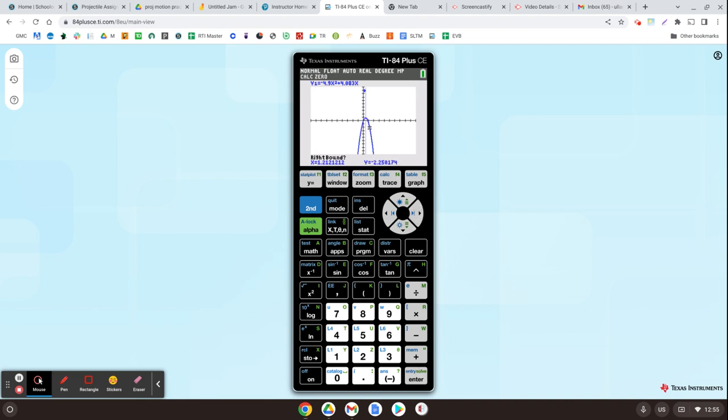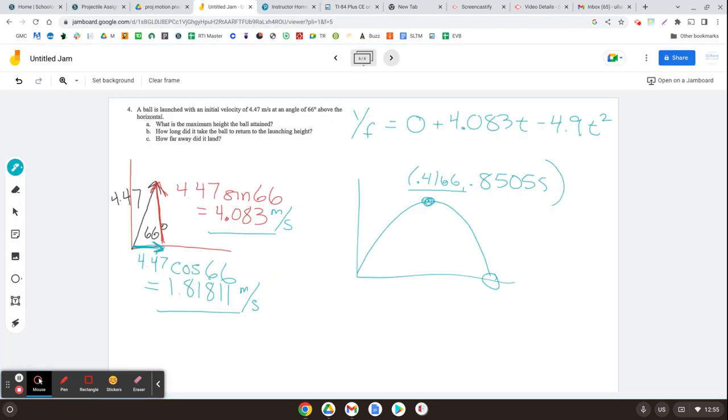Enter. And notice 0.8332, 0. So that's the answer to this. How long did it take? 0.833 seconds. What's the maximum height? 0.85 meters.